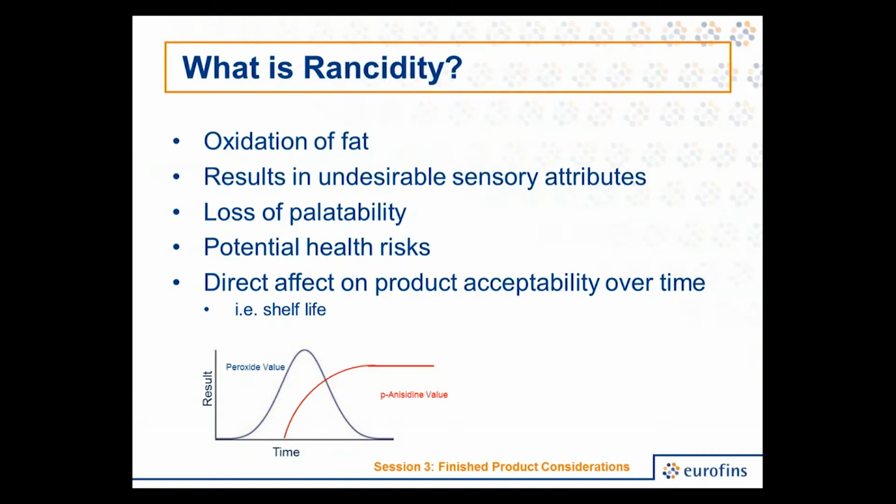Now, a little context to the graph that we have down at the bottom. Our clients often are curious how we propose to proceed with measuring rancidity. And our approach is generally use of both a primary indicator as well as a secondary indicator. As I had mentioned previously, as these fats oxidize, they form into what are called peroxides. And as you may notice on that curve, it is a bell curve.